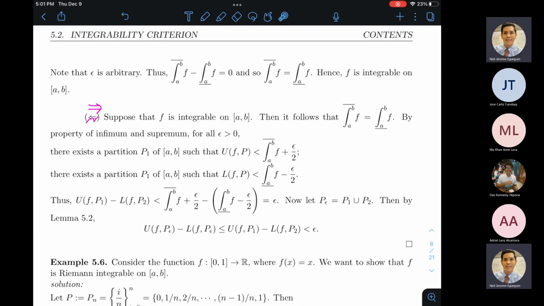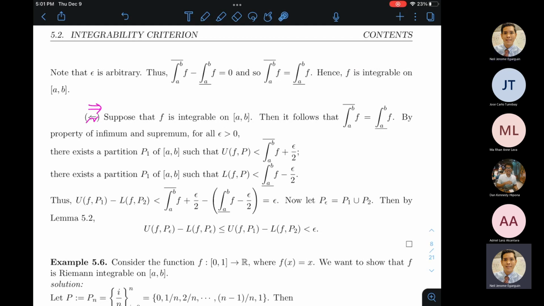Tapos, kung matatandaan nyo, on the chapter when we talk about suprema and infima, may magandang characterization yung infima at suprema with respect to an arbitrary epsilon greater than 0. Okay?